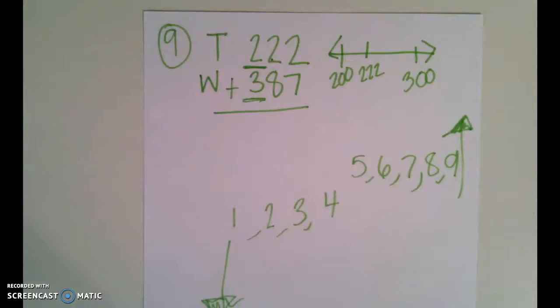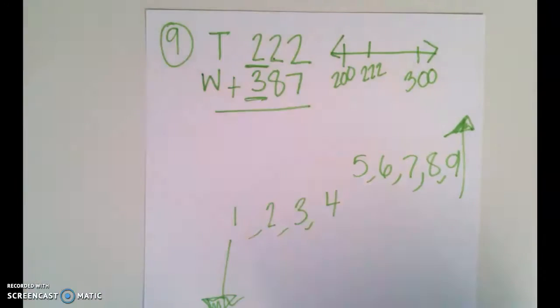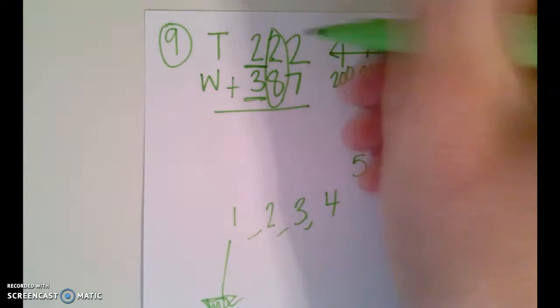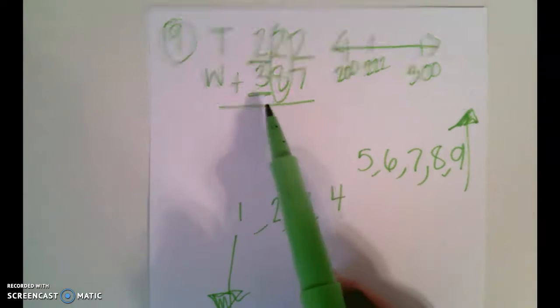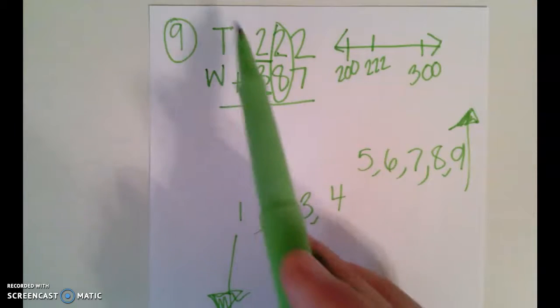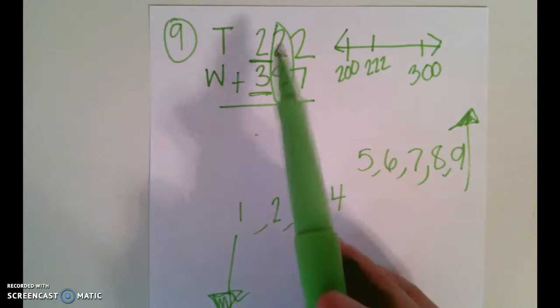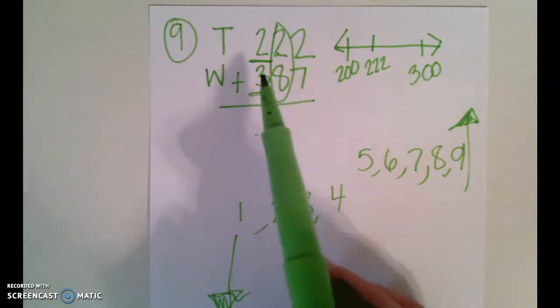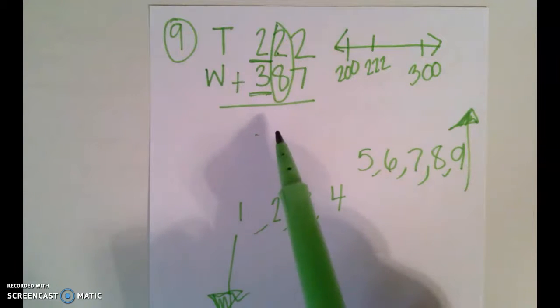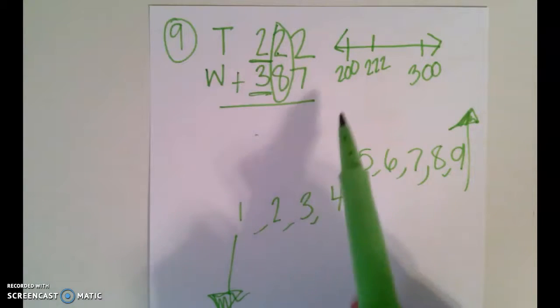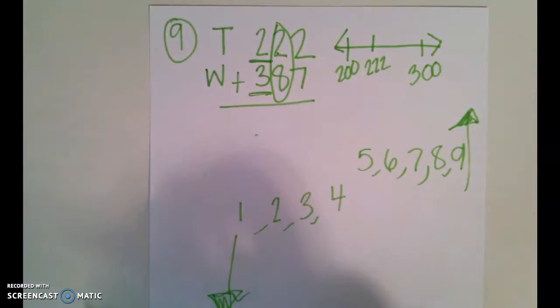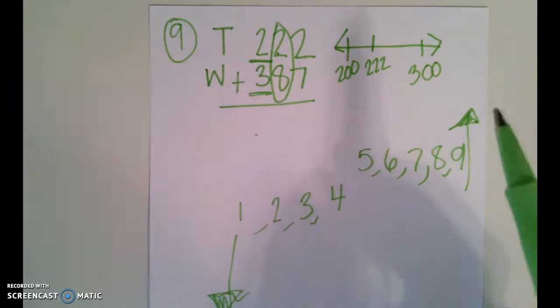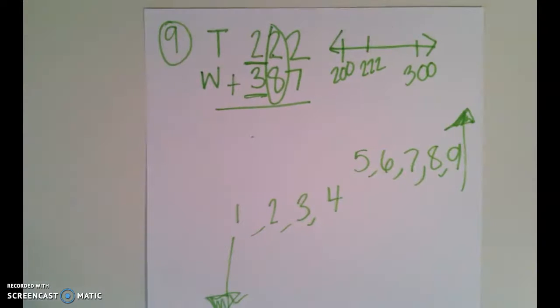Okay, so look at the tens place value. I'm not even going to pay attention to the digits that are in the ones place value. I'm just focusing on the tens place value because I am rounding to the nearest 100. If I was rounding to the nearest 10, I would have the tens place underlined and circling the ones place value. And I would not even be worrying about the hundreds place. But since I'm rounding to the nearest 100, I am focusing on that place value.